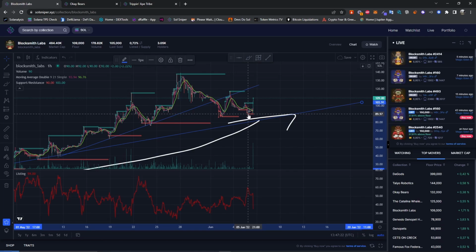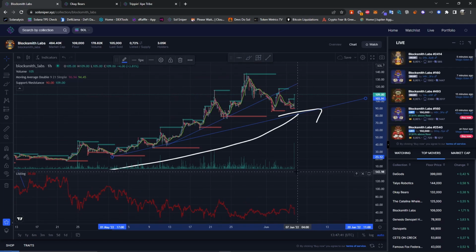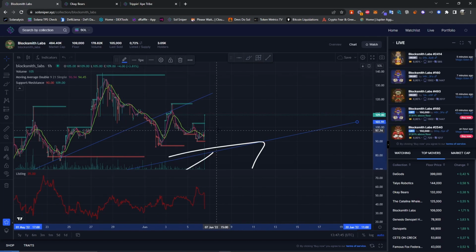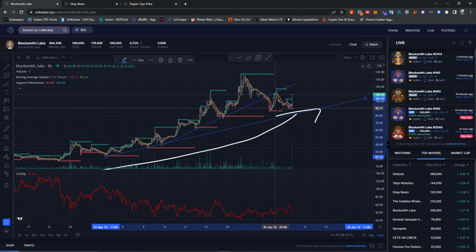And OKBears and Tripping Ape Tribe, I'm not seeing how they help the ecosystem. Of course they attract retail investors and ETH people, OKBears, but Tripping Ape Tribe I don't really know. But yeah, you want to see something like that. And honestly, Blocksmith Labs can go even higher.